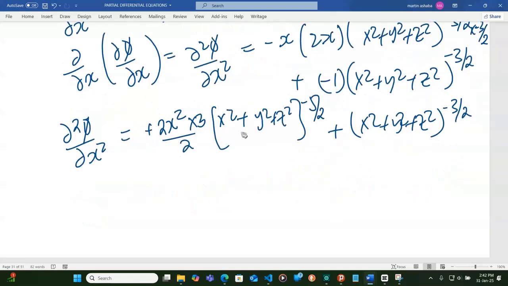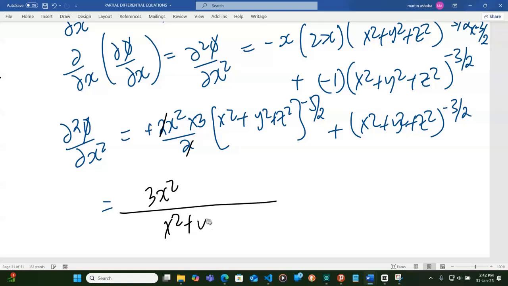Now I can take it back to the original fraction, so that I have 3x squared divided by (x squared plus y squared plus z squared) to the power 5 over 2.